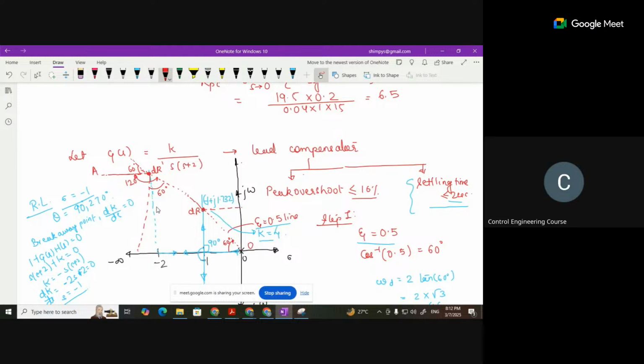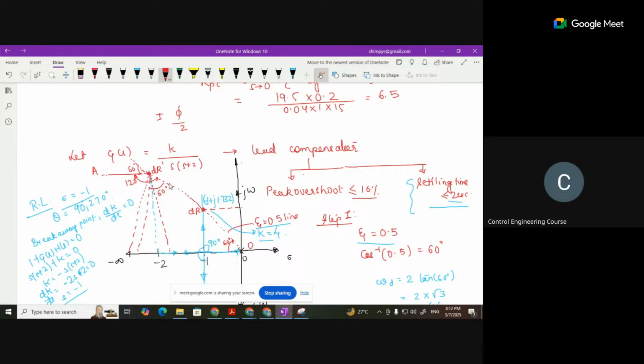Now you draw two more lines making an angle of plus minus pi by 2.